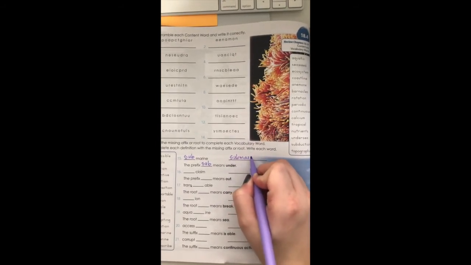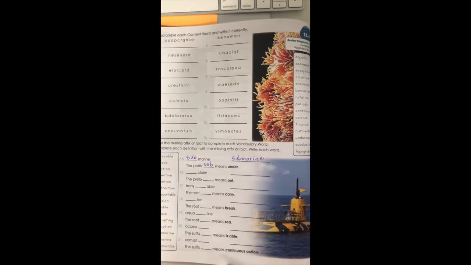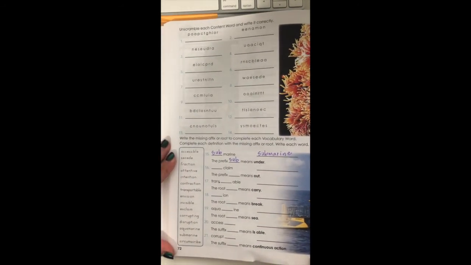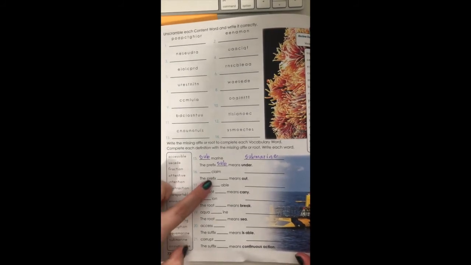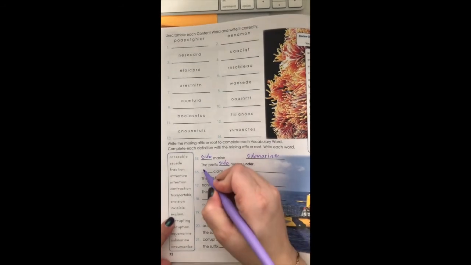The rest of them aren't as tricky because usually the endings aren't the same. So for example, let's do one more just in case. For number 16, we have blank claim. Let's look for the word that ends in claim. There's only one, and it starts with ex. So we would fill it in to complete the word.